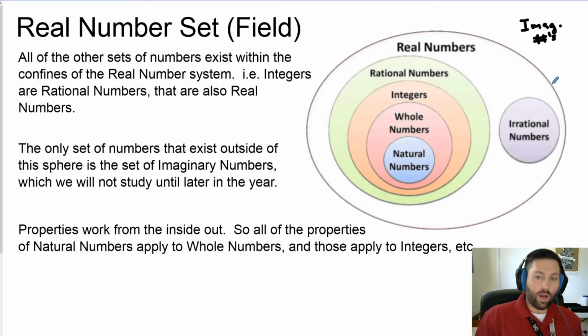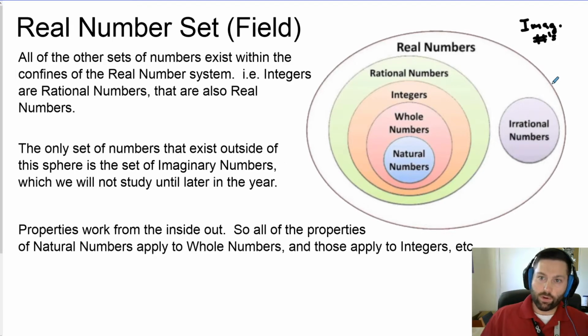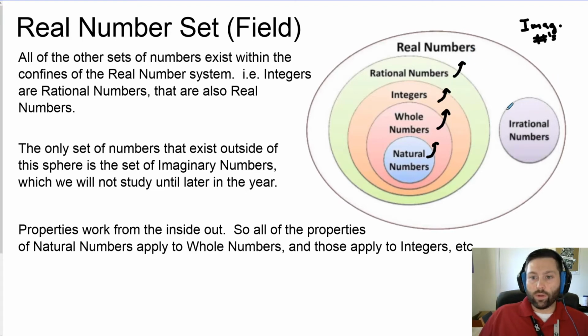However, properties work from the inside out, going back into the real number sphere. All the properties of natural numbers apply to whole numbers, and all the whole number properties apply to integers. All the integer properties apply to rational numbers, and all of those apply to real numbers. So if a number is a natural number, that means it is a whole number.